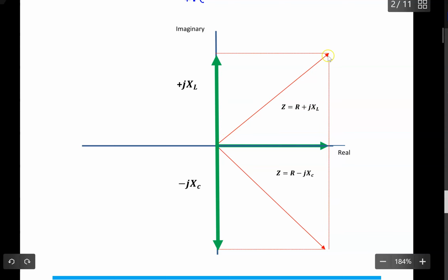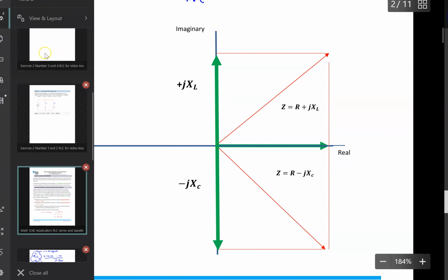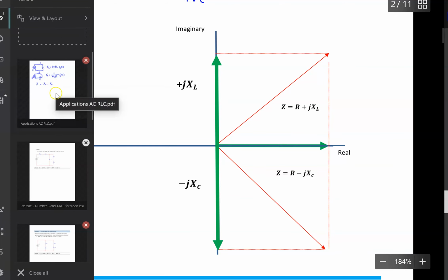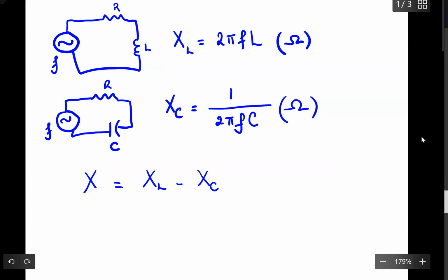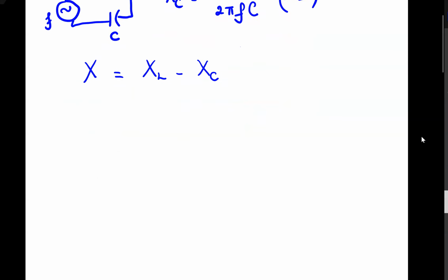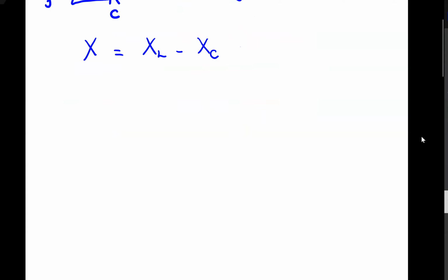So let's review the concept of vector or phasor diagram. Let's get back to this slide, and I would like to draw a vector and review the concept of a vector.